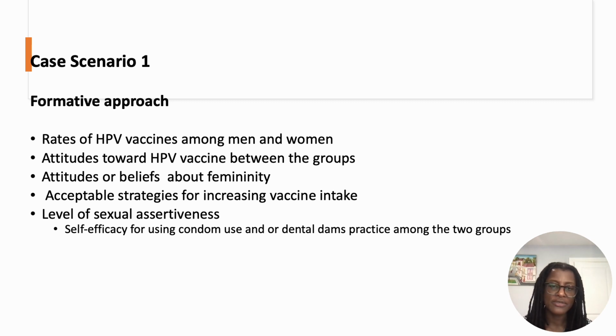One of the strategies for doing this typically is education. Education is important, of course, understanding that allowing your daughter or your son to be vaccinated is not necessarily giving permission for them to engage in sexual intercourse or sexual behaviors, but rather it's prevention later on.